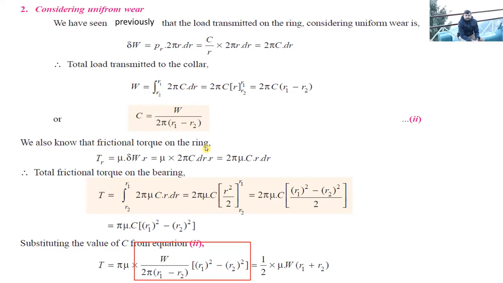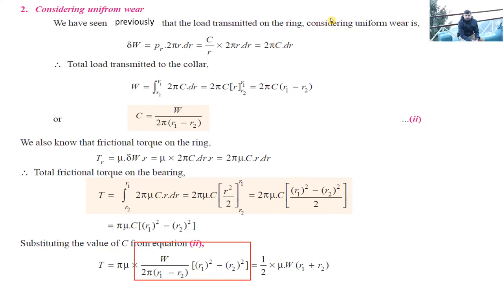Now the frictional torque acting on the elemental ring is mu multiplied by del W into R, so it comes out to 2 pi mu C into R dr. For total frictional torque, we integrate this equation with the limits R1 and R2. Once you integrate it, R becomes R square by 2, and substituting the limits, it is 2 pi mu C (R1 square minus R2 square) divided by 2.